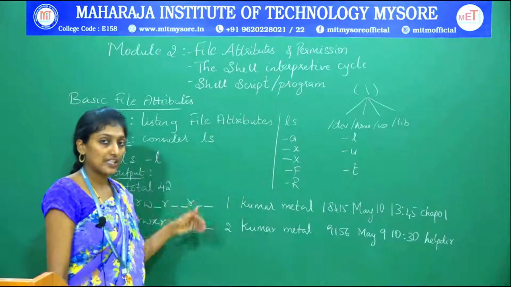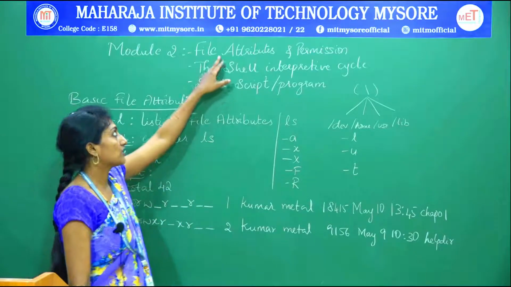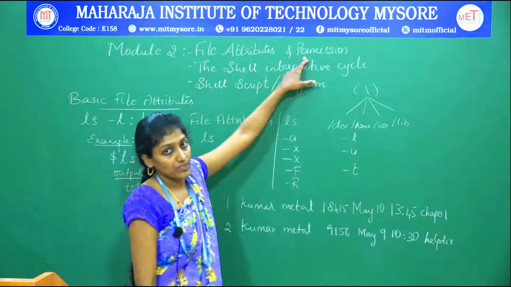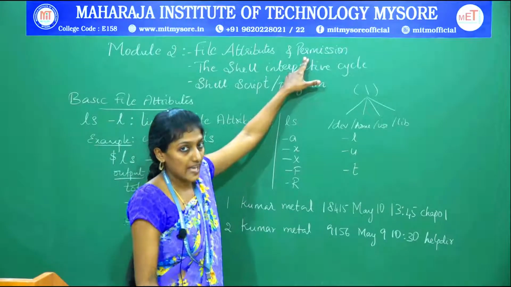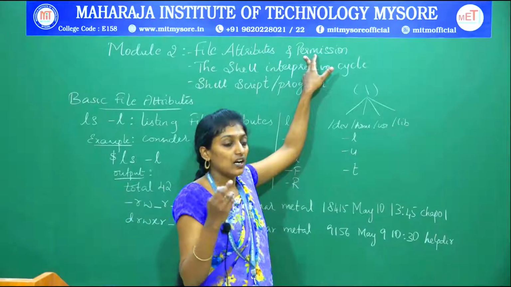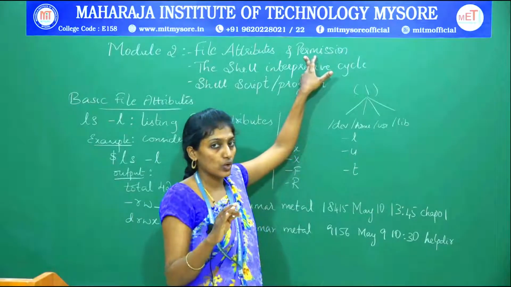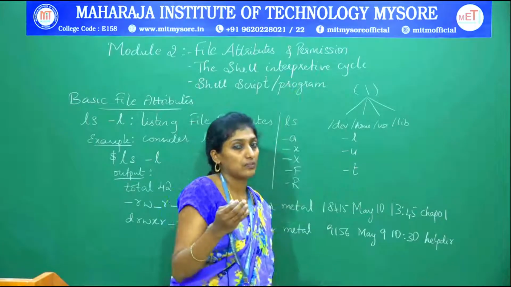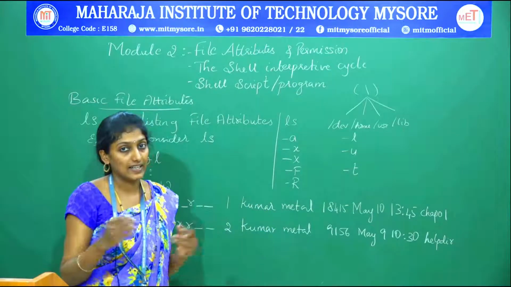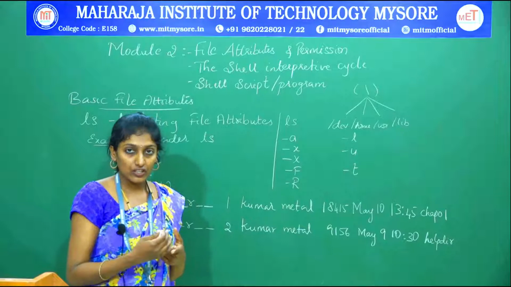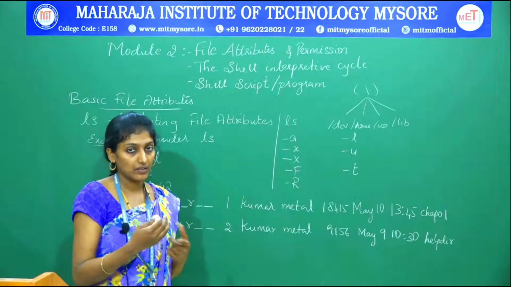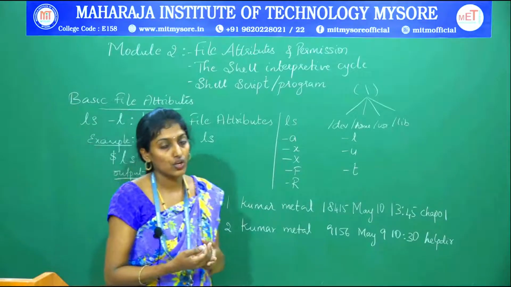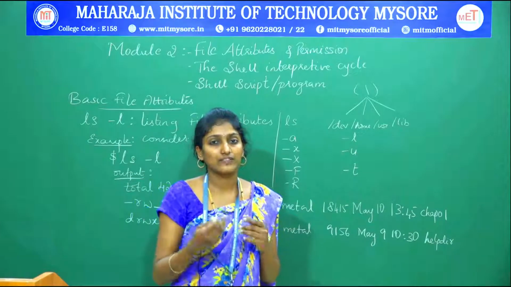In the second module, the continuation of the same, we are going to discuss the file attributes of those commands, followed by permissions. For example, if I have created a programming file within some directory, can I make that file available to other users publicly? Not just for the owner, he can also provide access for the group, or publicly for others, or else make it accessible only for the owner itself.